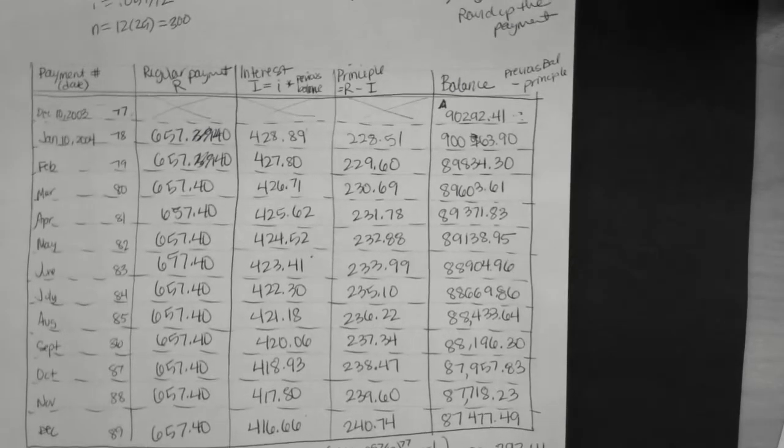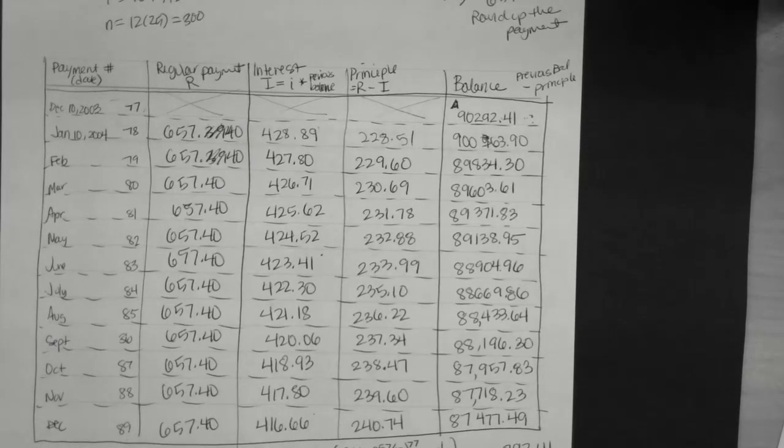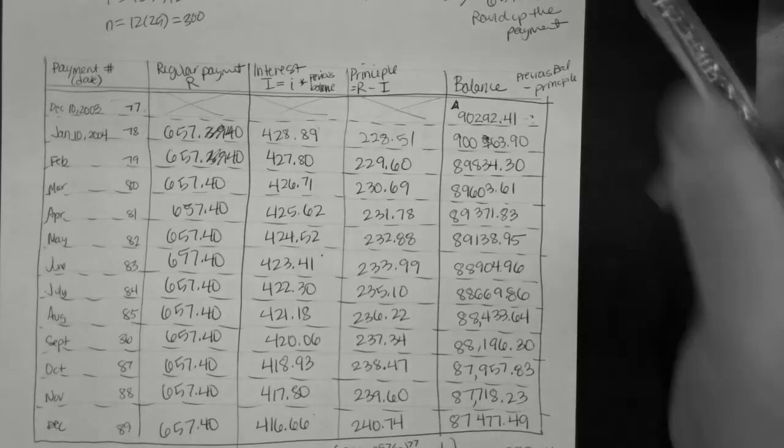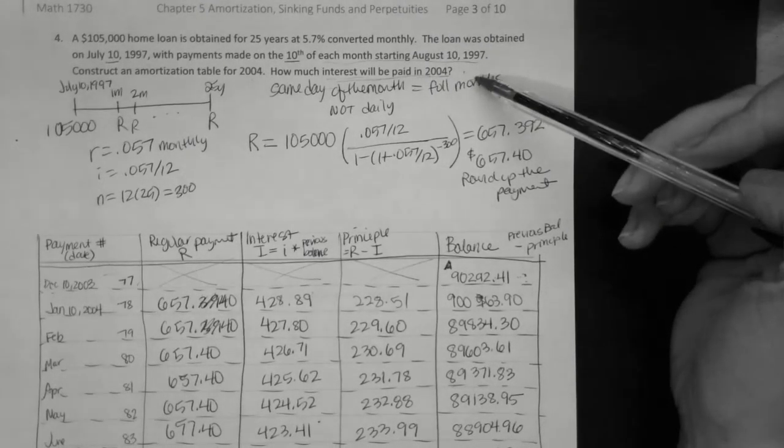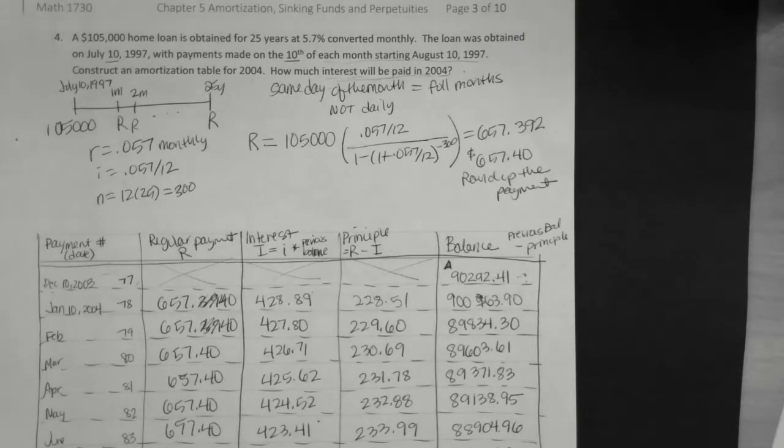Okay, so now that your table is completed and it's beautiful, we're going to find that last piece, which is how much interest is paid in 2004. Okay, so I'm going to do that on a separate sheet because we're out of space.